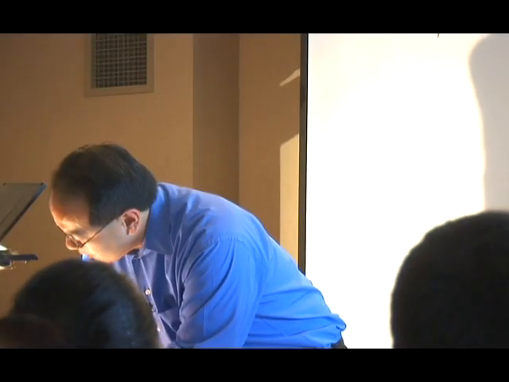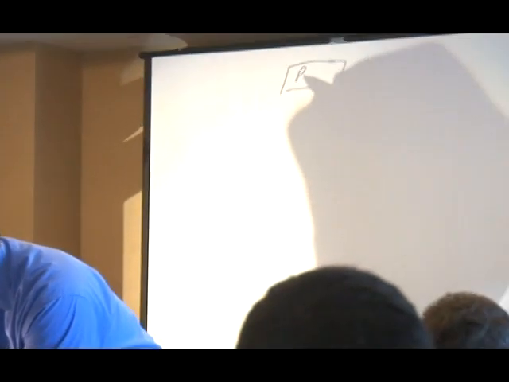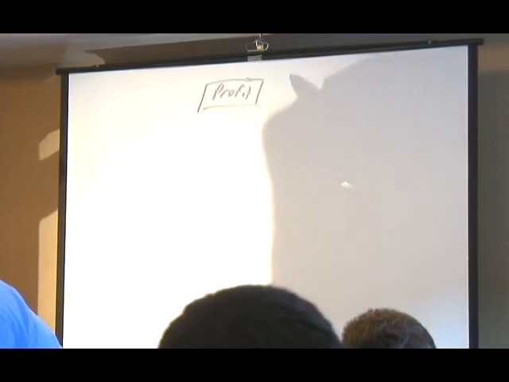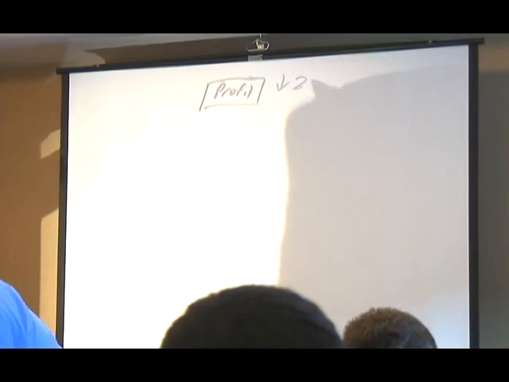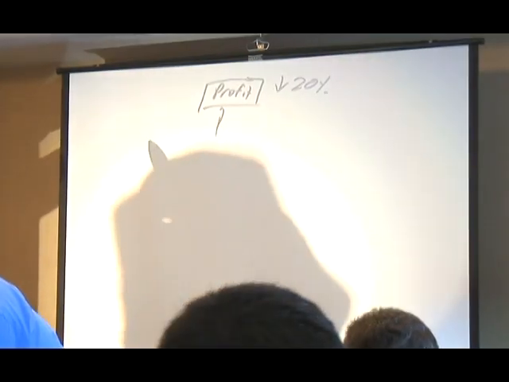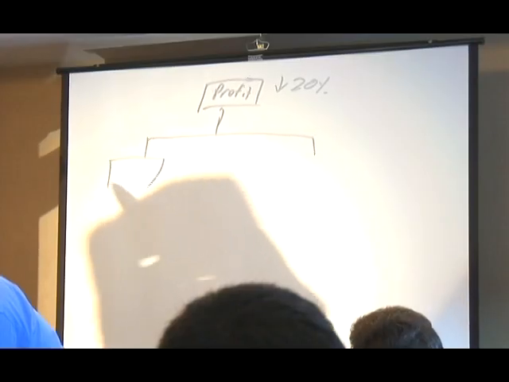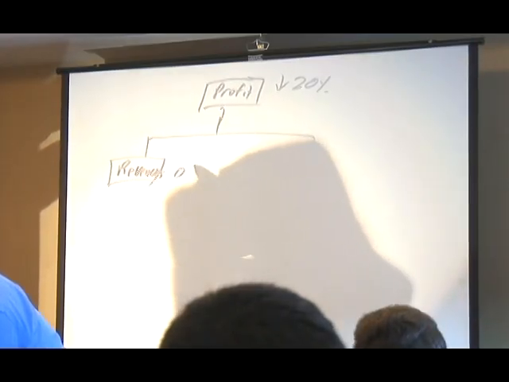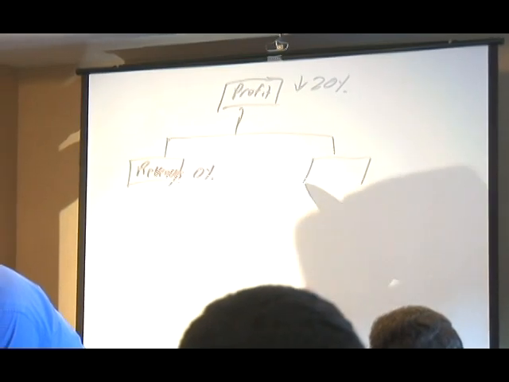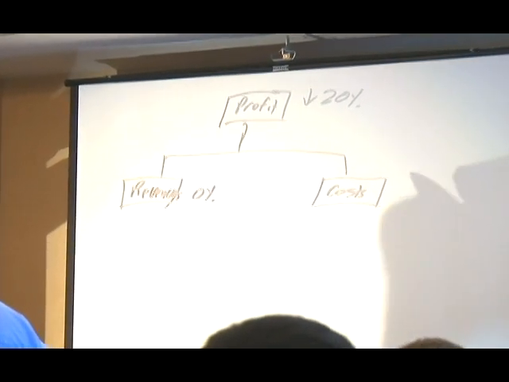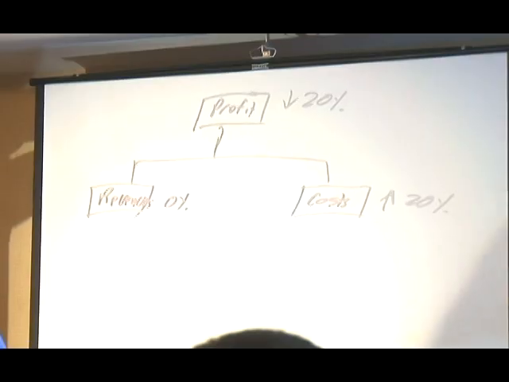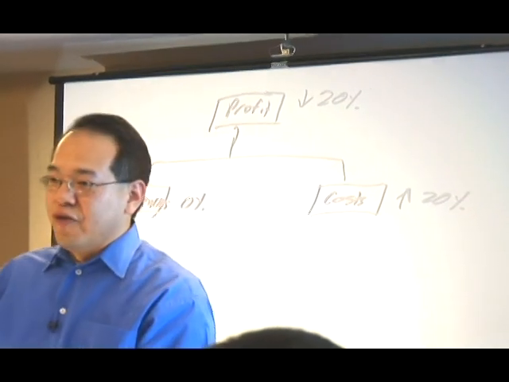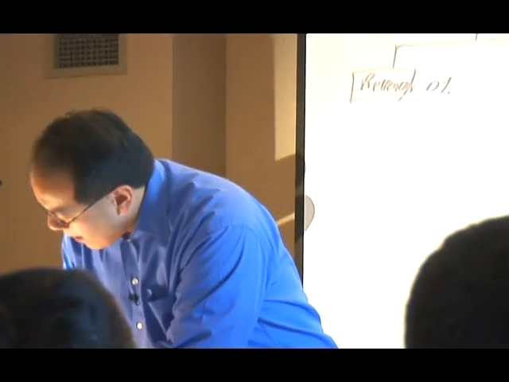So we start off talking about profits on the decline by 20%. Revenues are flat at 0%. Costs have gone up by 20%. Okay? So it's a cost-driven profit problem.